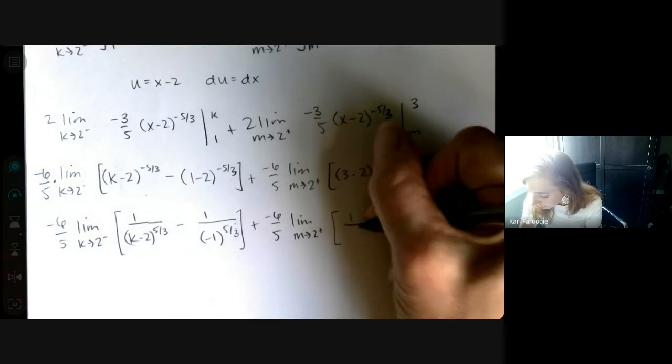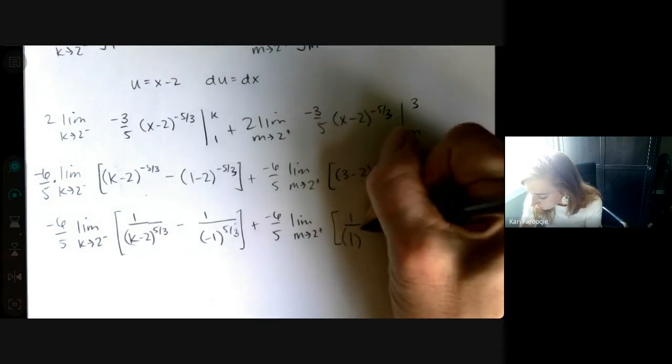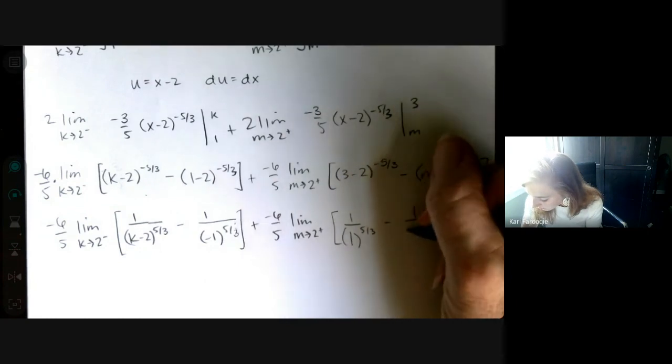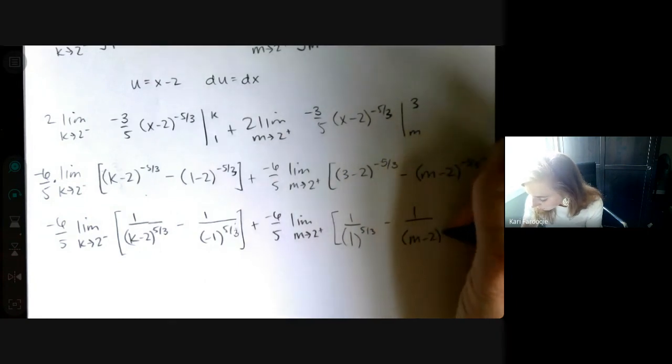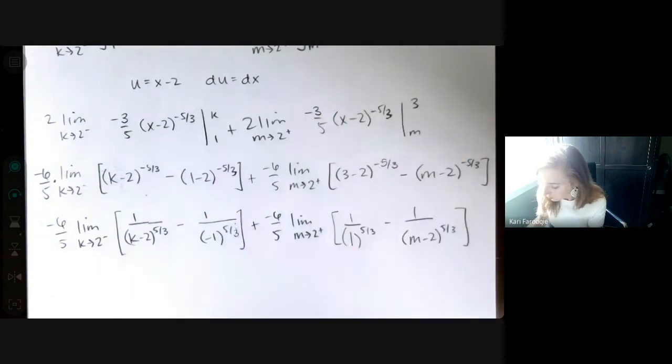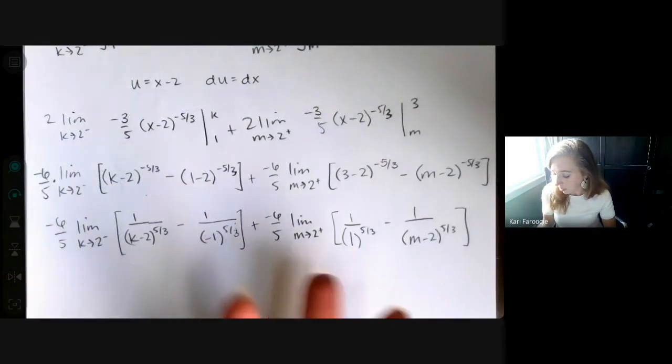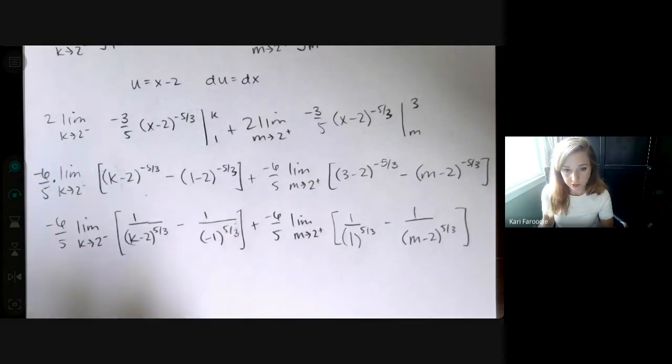All right, so you'll have 1 to the positive 5/3, and then minus 1 over m minus 2 to the positive 5/3. So I haven't actually even applied the limit yet. At this point, all I've done is simplified the information that was currently in the expression.